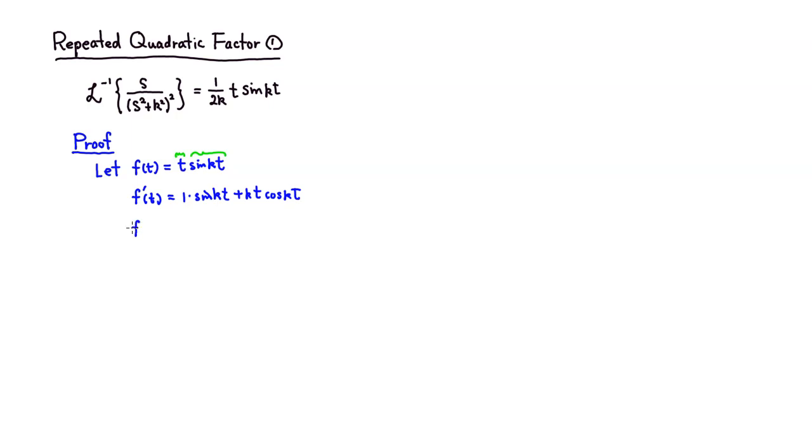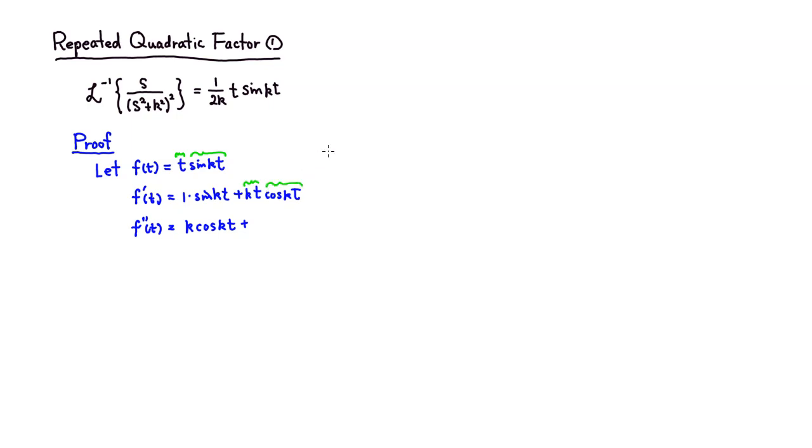So the second derivative would be, the derivative of sine of kt is k cosine of kt, plus another product rule here. I'm going to group this guy as the first one and this is the second one.